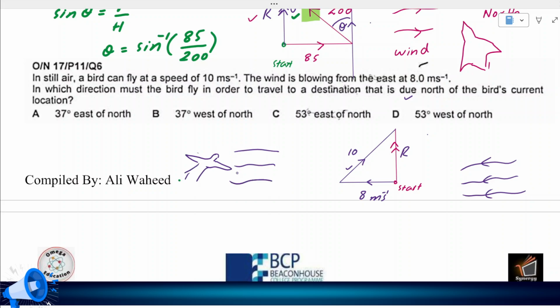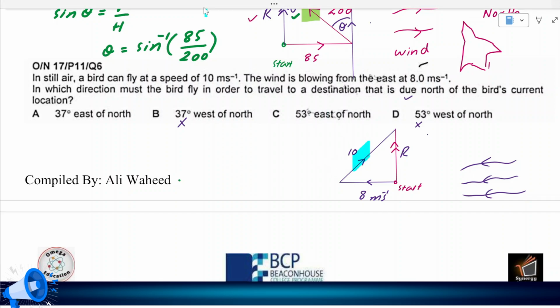So if the wind is over here and the bird is flying in this direction, the result of these two would enable the bird to fly due north. So in this case, the direction of the bird has to be east of north. You can see from here also, it is east of north. So west of north cancelled out. It has to be east of north.